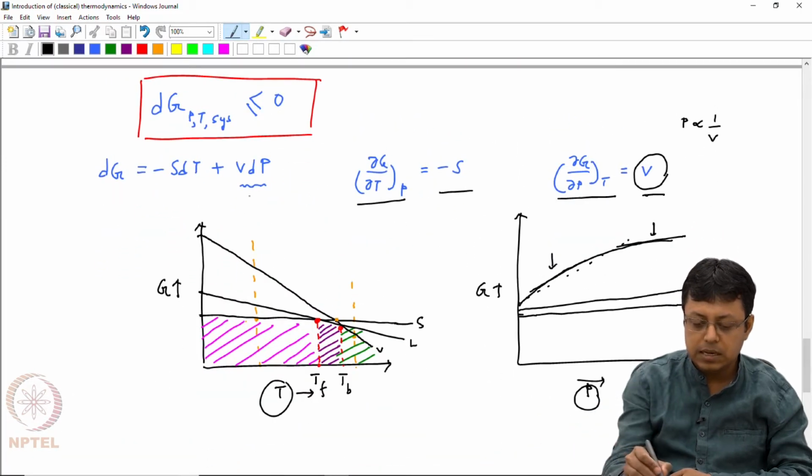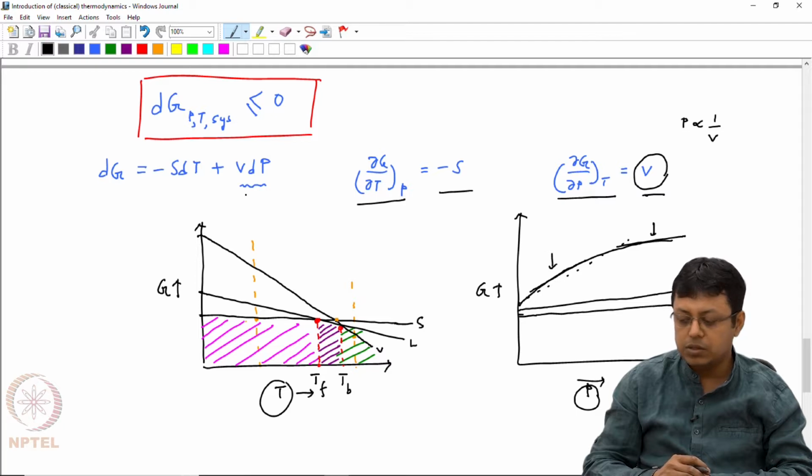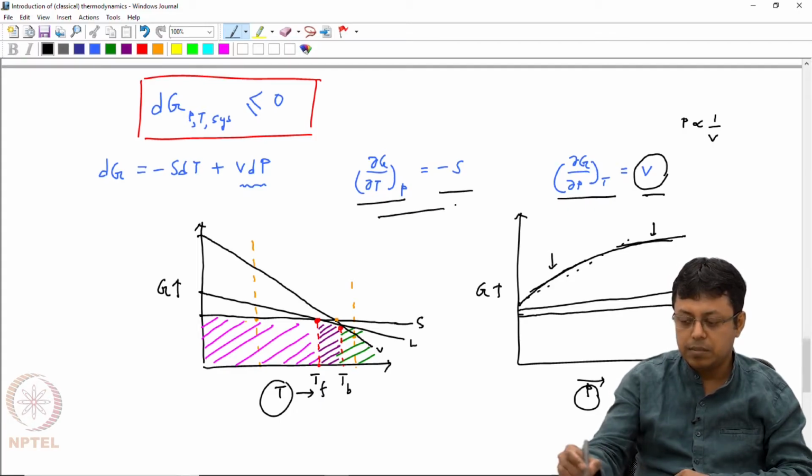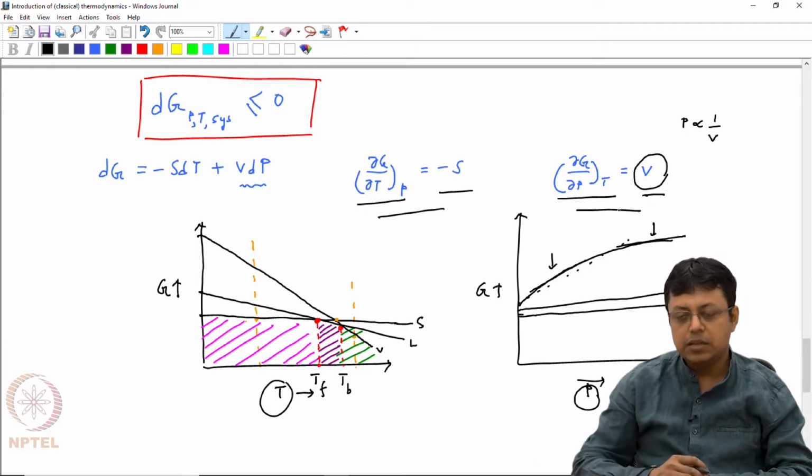We'll come to the full equation, but before that, let's say I change the pressure keeping the temperature the same. That is nothing but equal to volume.